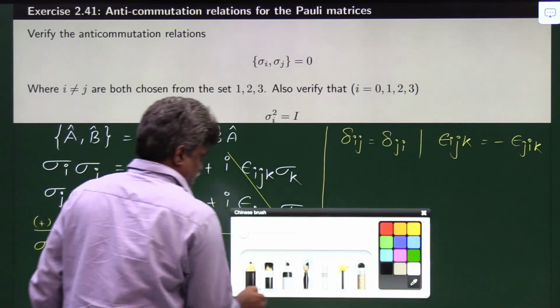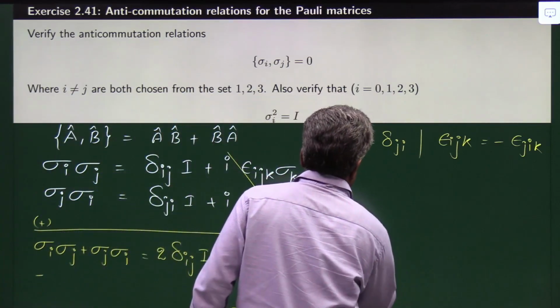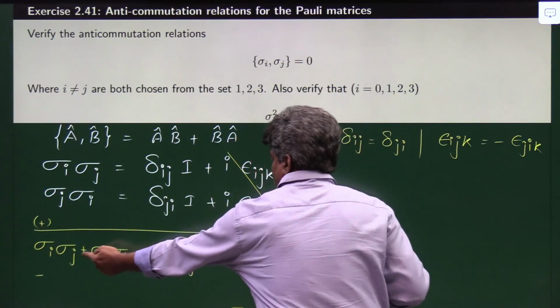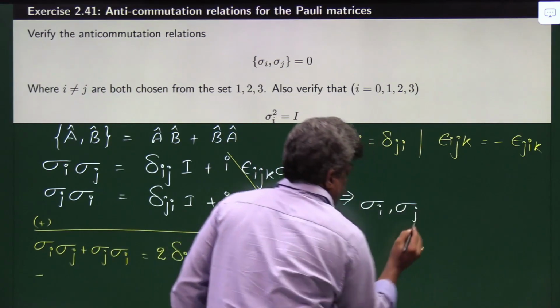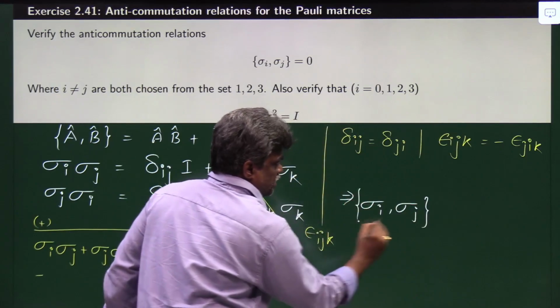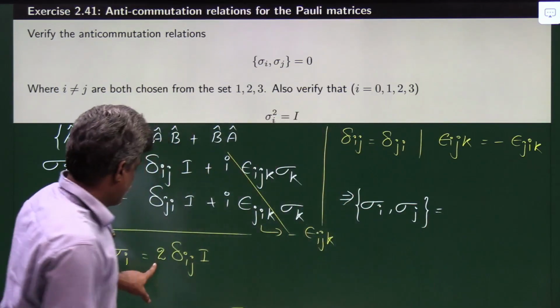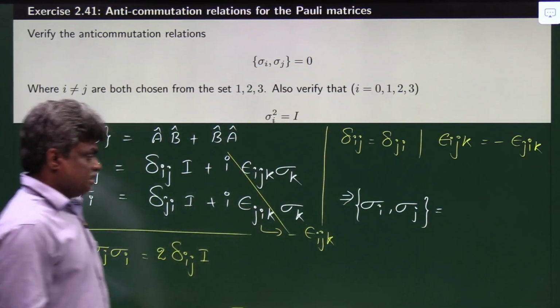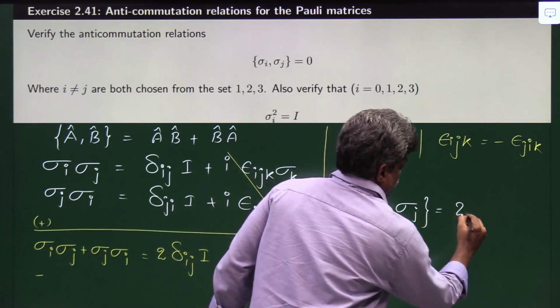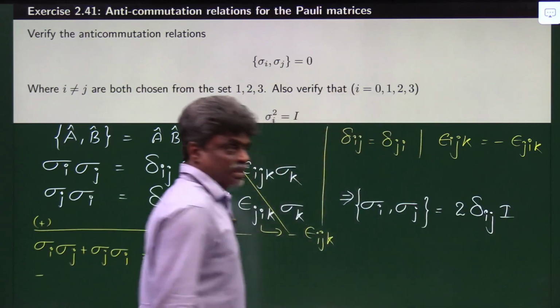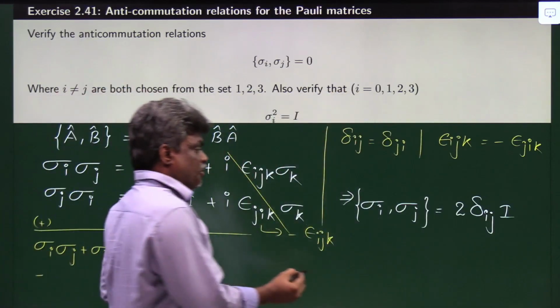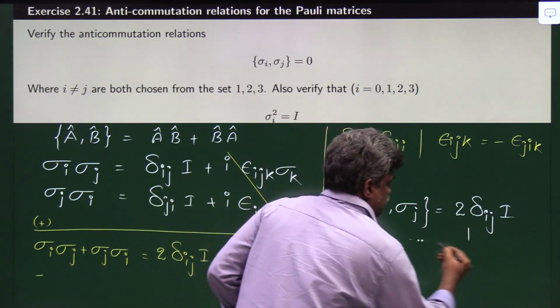So finally, we got the anti-commutation relation: the anti-commutator of sigma i and sigma j equals 2 Kronecker delta ij identity. You know the property of the Kronecker delta.